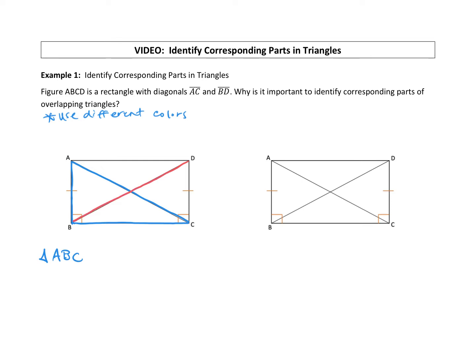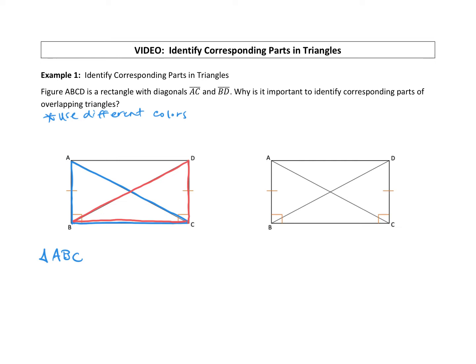Okay, so I'm going to switch colors, and my other triangle has diagonal BD right here. We can see that DC is marked congruent, so we're going to focus on that. And then here's the part where your two colors are helpful. To finish out this triangle, I just outlined side BC in both triangles. So there's the overlap. Outlining them separately makes it so you can see it more clearly.